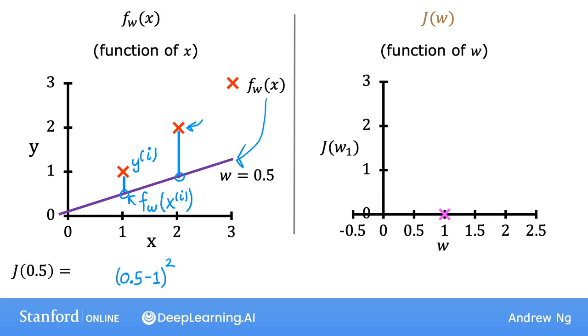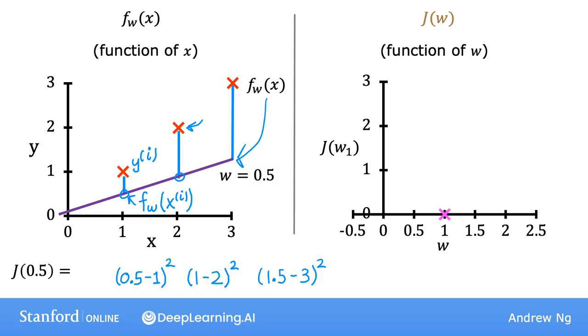And the squared error is the square of the length of this line segment. So you get 1 minus 2 squared. Let's do the third example. Repeating this process, the error here, also shown by this line segment, is 1.5 minus 3 squared.